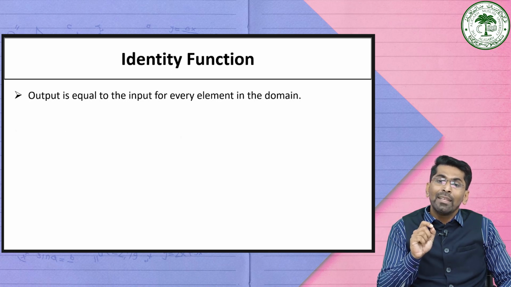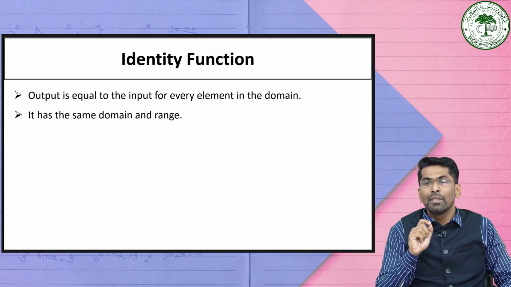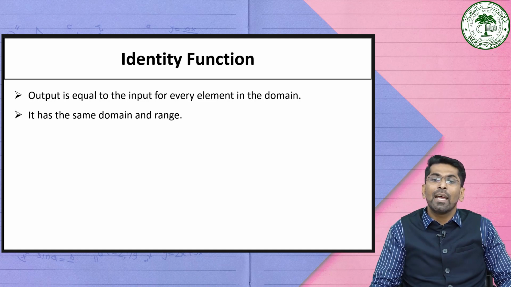That means it has the same domain and range, because in this case each element is paired with itself. It is also known as identity mapping or identity relation.